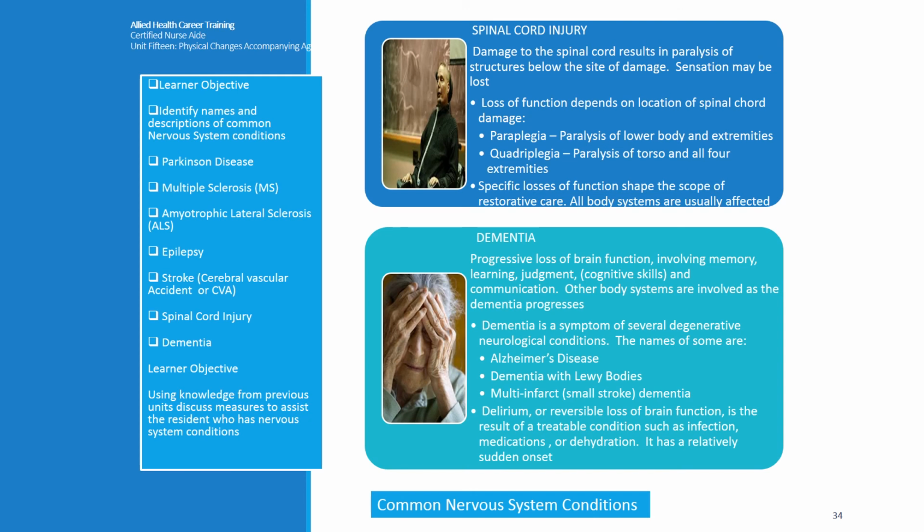Where the spinal cord injury is will determine where it's going to be affected. So the higher the area in the spinal cord for the injury, the more loss of function you're going to have, because the spinal cord works from the top down. So if you have an injury at the lower part of the spinal cord and the upper part of the spinal cord is still getting blood flow and nutrients and everything that it needs, then just the lower part of your body is going to be affected.